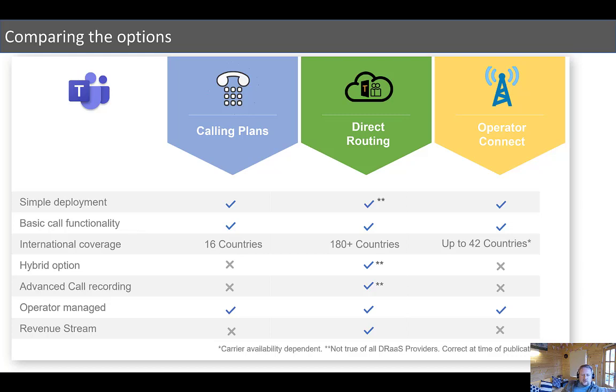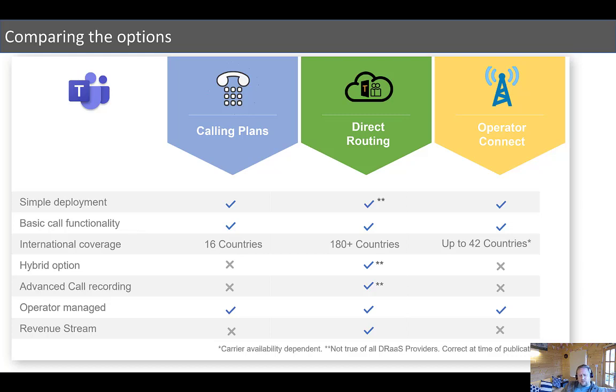So in terms of call functionality, Microsoft calling plans have always supplied the baseline of call functionality that's available inside Microsoft Teams. And although all three share that basic call functionality, we do see with direct routing some capabilities not being done in parity. So, for example, caller presentation policies inside Microsoft Teams don't flow down to direct routing. But I suspect we will see all those capabilities being carried across into Operator Connect, much like they are with calling plans.